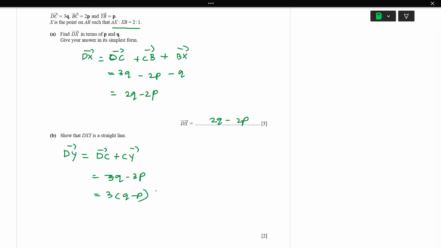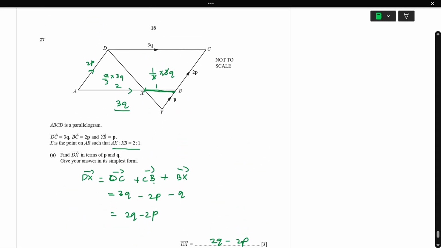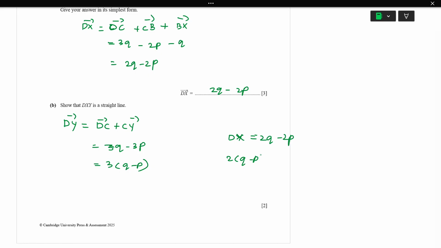So DY is 3 times q minus p, and DX equals 2q minus 2p, so we get 2 into q minus p. So the ratio of both is 3:2. They are the same vector, only the ratio is different.